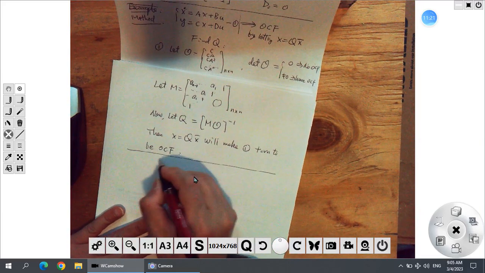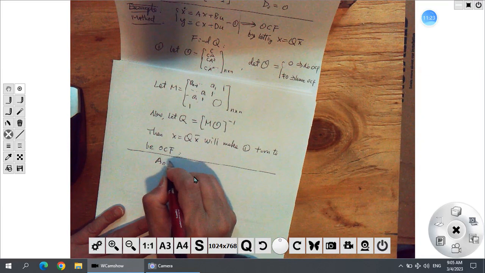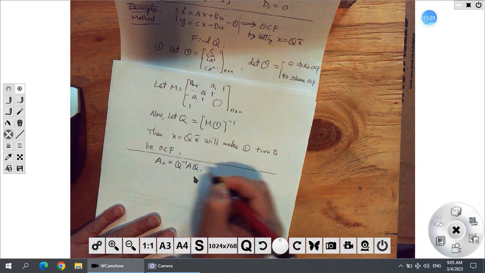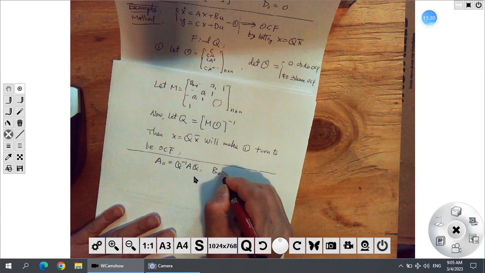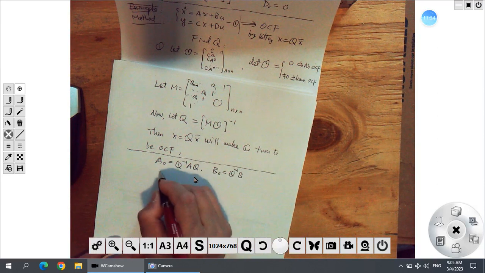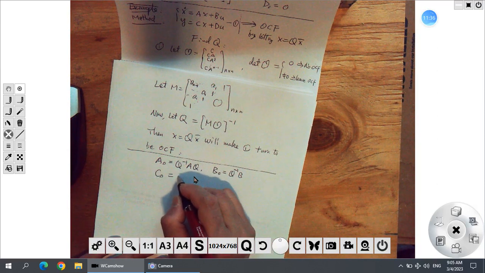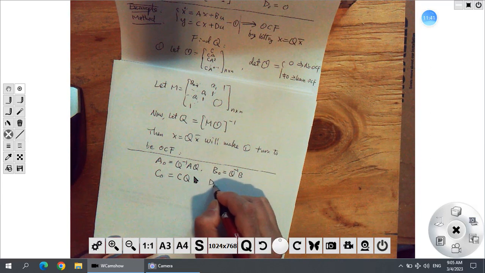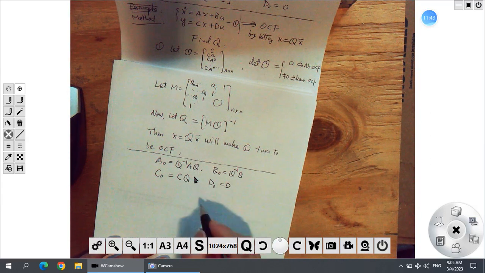That means A_O equals Q inverse A Q, B_O equals Q inverse B, and C_O equals C Q, and D_O is just D. Alright.